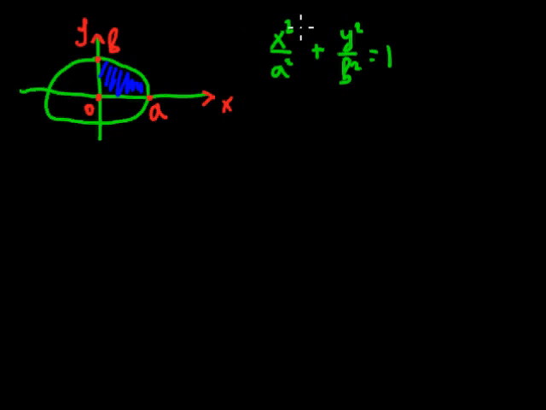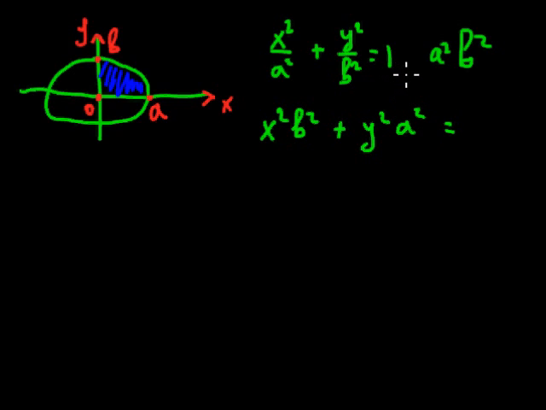We're going to use this equation, and we need to solve it for y. Okay, let's multiply it by a squared b squared. This term becomes x squared b squared because a squared and a squared cancels out, plus this term becomes y squared a squared because b squared and b squared cancels out, and 1 multiplied by a squared b squared equals a squared b squared.